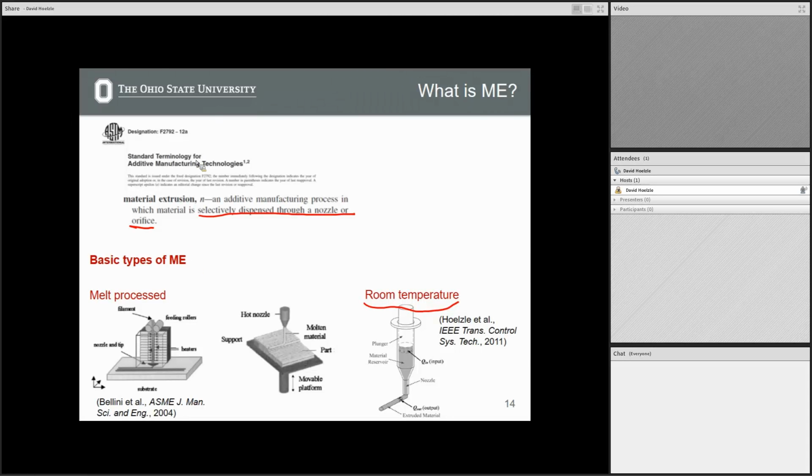The main idea is the feedstock material is in filament form. This is usually a polymer, not always, but almost always a polymer. We have these little feeding rollers that grip onto this polymer filament, and it pushes it into this heating element, which turns the solid filament into a molten filament.